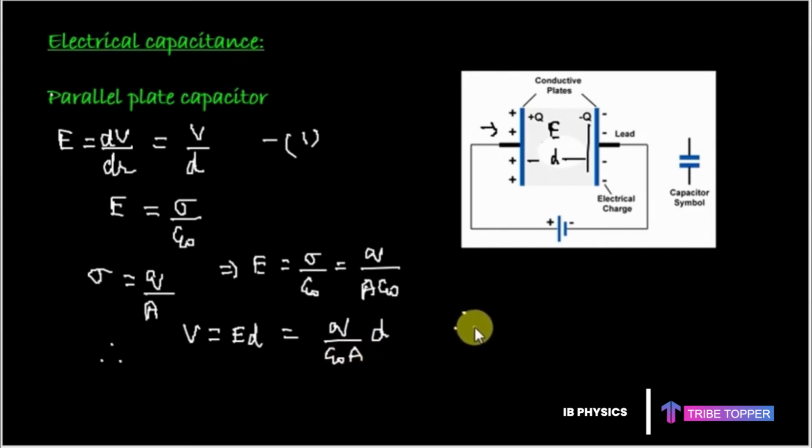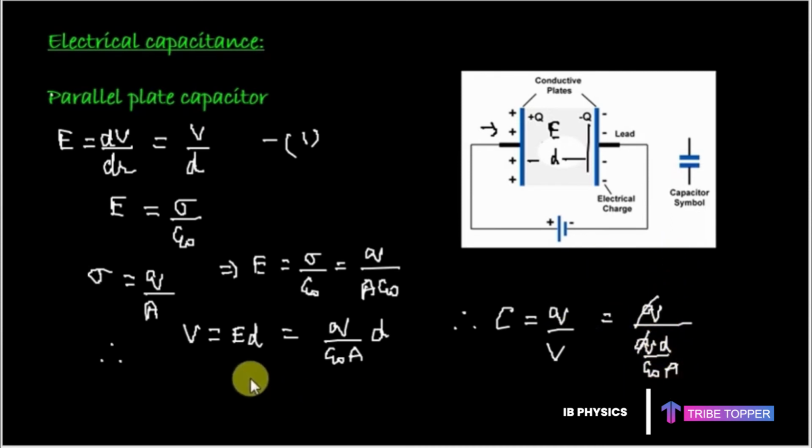Therefore, what is the capacitance of the parallel plate capacitor? By the formula, C is equal to Q upon V. Putting in this value, we get Q upon V as Q d over epsilon naught A. Q cancels out, epsilon naught goes to the top, and hence the capacitance of a parallel plate capacitor is epsilon naught A upon d.